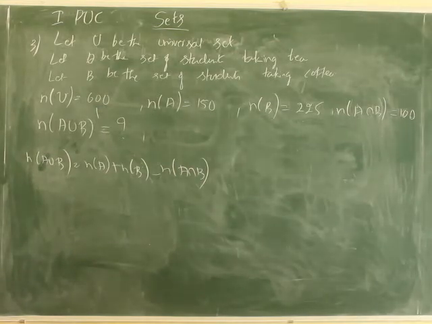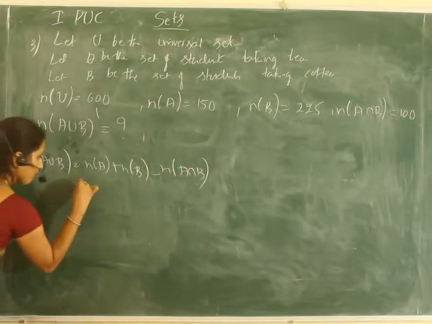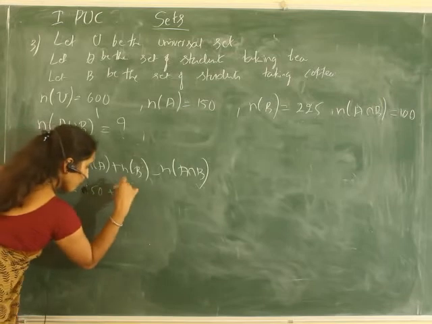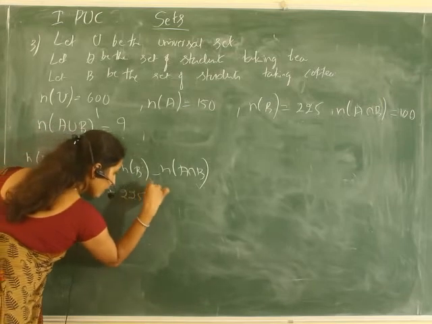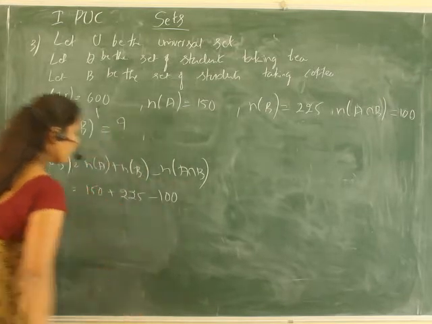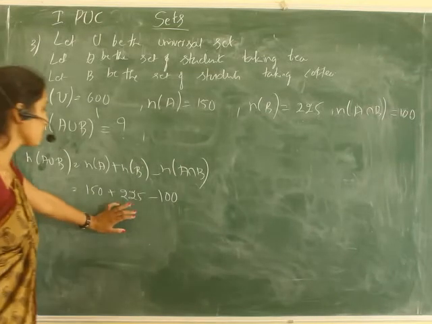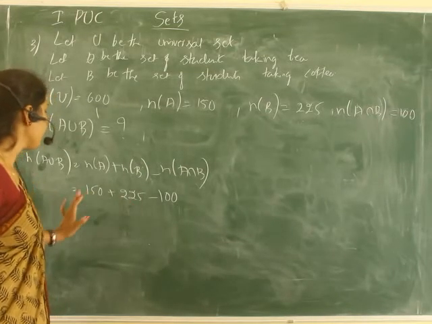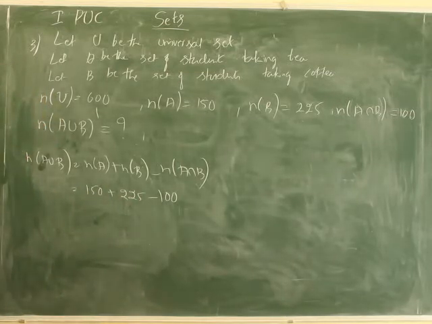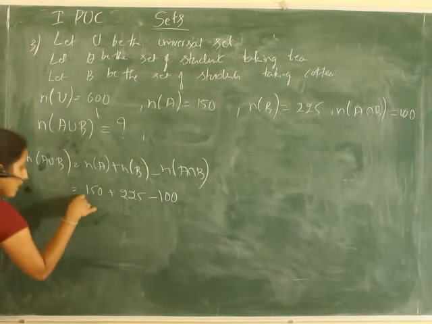So n of A is 150 plus 225 minus 100. So 225 minus 100 is 125, and 125 plus 150 is 275.